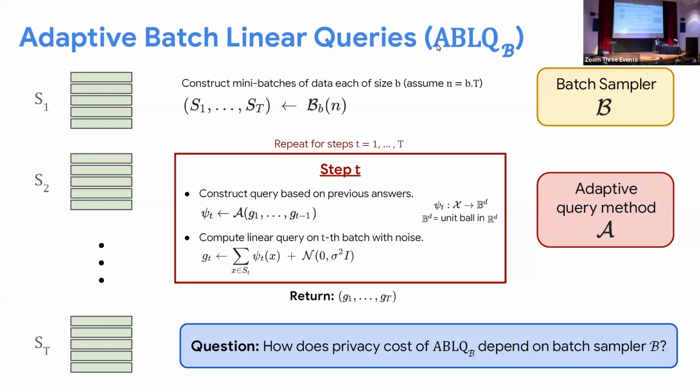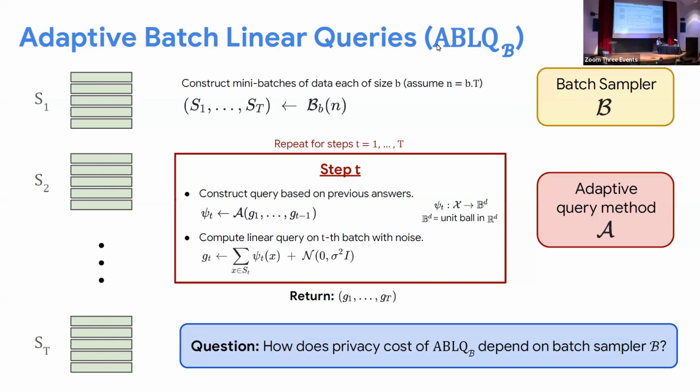Then for each of these batches, we have an adaptive query method that constructs a query based on all the previous answers. In the case of DPSGD, this query computes the clipped gradients of the examples. After computing this, we sum up the gradients and then add noise.